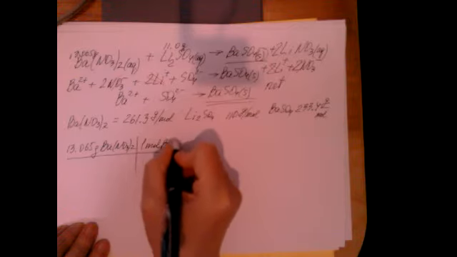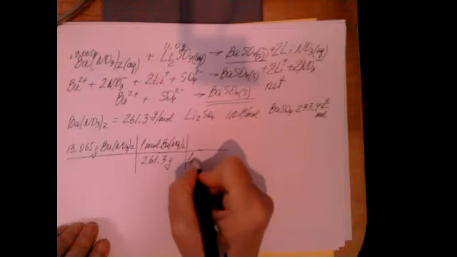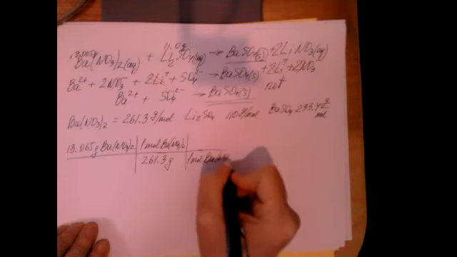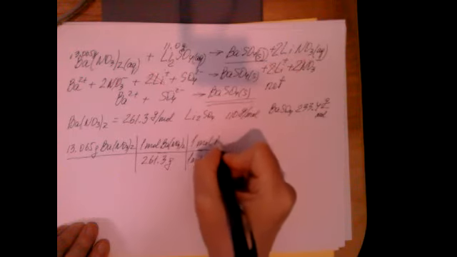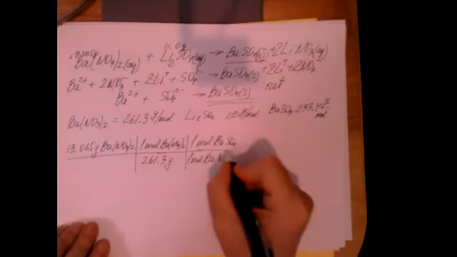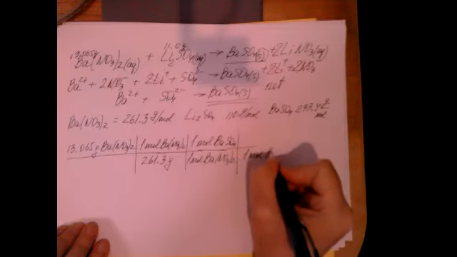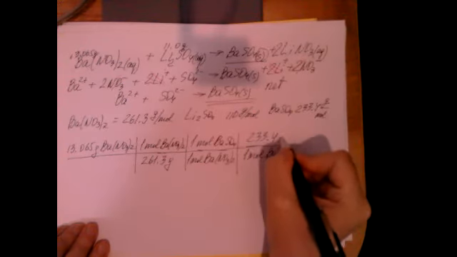Now we should assume this is our limiting reactant, barium nitrate, and we start with it. 13.065 grams of barium nitrate, 1 mole is 261.3 grams, and 1 mole of barium nitrate can produce 1 mole of barium sulfate, and 1 mole of barium sulfate is 233.4 grams.